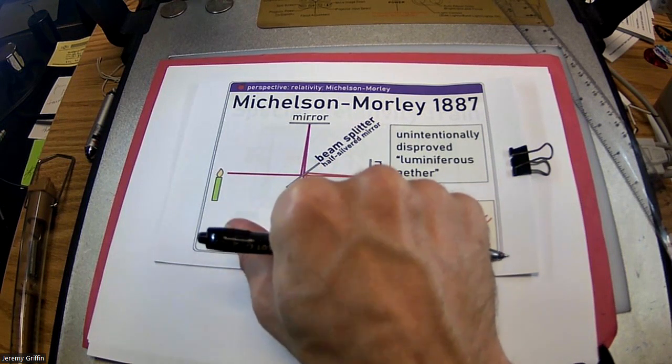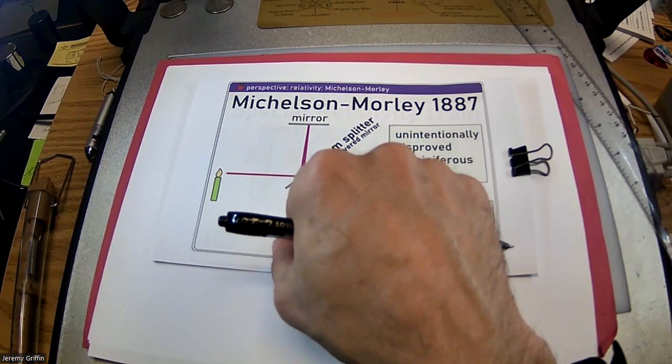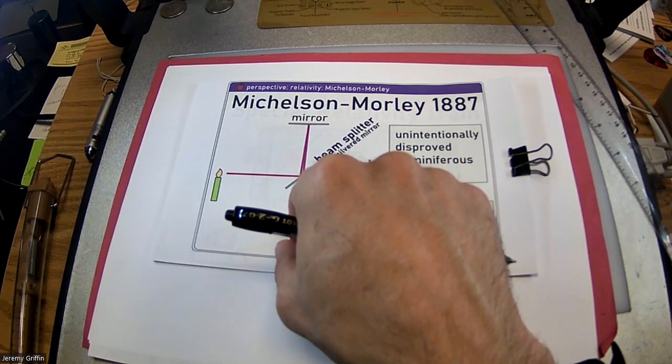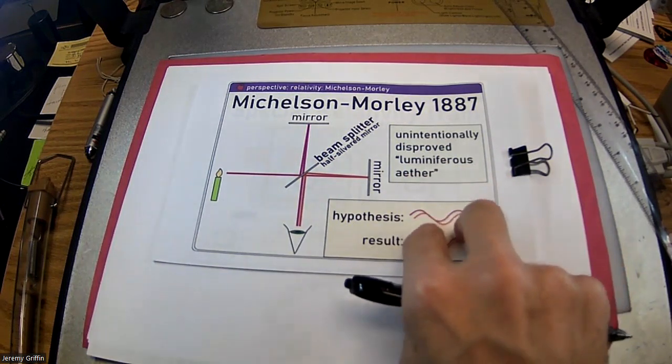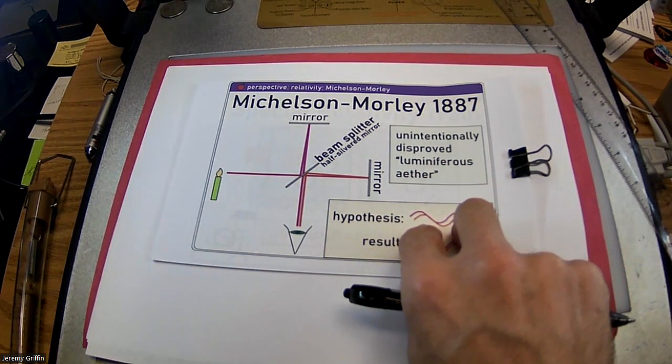There might be a time lag for it to reach this observer. Right? But anything that was like north-south, well, that would probably be perpendicular to that motion. So that'd be more like paddling around in a lake, right? Where maybe the medium's not moving, right? And so it was hypothesized that the light would show up at different times and therefore be out of phase, right? You guys follow that?